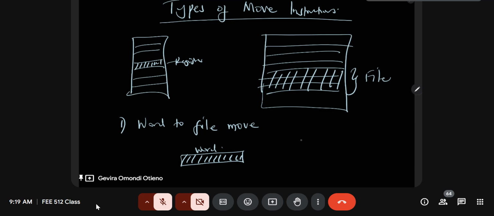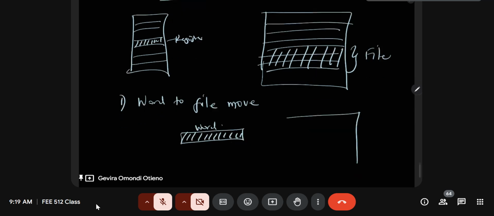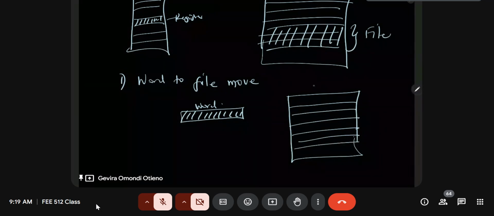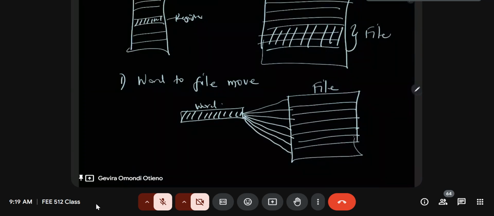And then you move it to a file, a table like that. So you have a table like that. So this is your file or table. So this means that this word has to be moved on each corresponding word in the file.